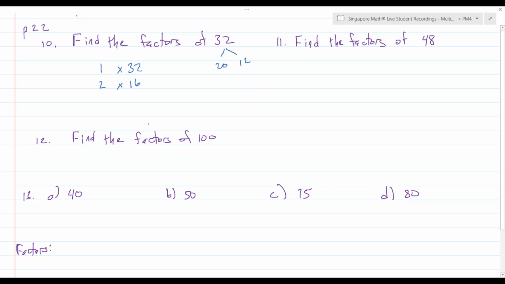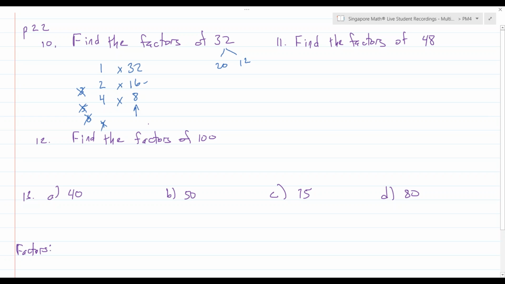What about 4? I tried 3. 3 didn't work. I could do 4. Remember, if you multiply something by 4, you double it twice. So I'm going to take 32 and divide it in half. That's 16. Divide it in half again. That's 8. I think about 5. 5 is not a factor. I tried 3, by the way. 3 didn't work. 5 isn't going to work. 6 isn't going to work. 7 isn't going to work.